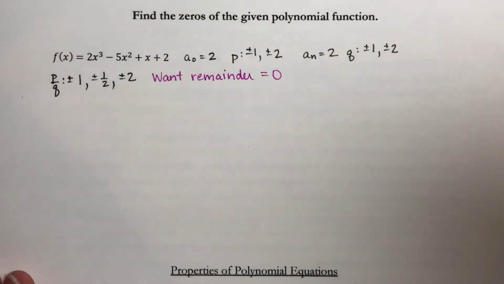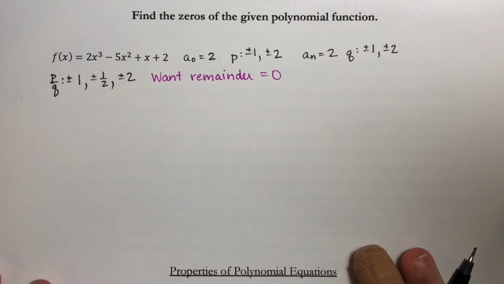If our remainder is 0, that means the number we tested was a 0 of the original polynomial. There is no surefire way to find the correct answer immediately. There are ways to make better guesses and to guide which numbers you test first, but there's no hard and fast rule, and a lot of it comes down to luck.